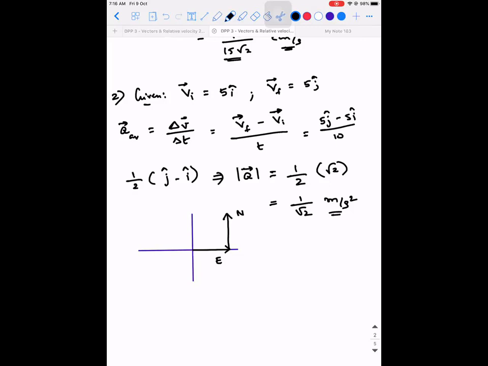So when this is happening, the change in velocity will be in this direction, because you can look at the vector itself and tell i cap has a negative value, j cap has a positive value. Which quadrant is it entering into? Negative x-axis and positive y-axis.